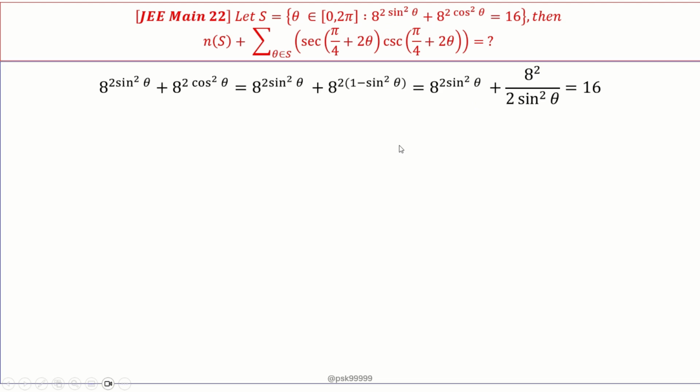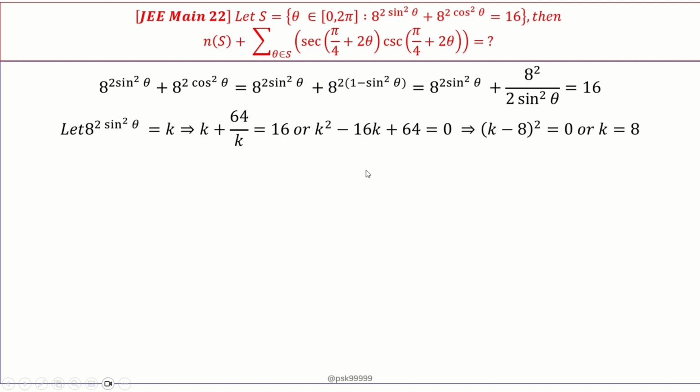So let's take 8 to the power of 2 sin square theta plus 8 to the power of 2 cos square theta equal to 16. I want to first convert into either sin or cos so that it's easy for me. So 2 cos square theta I'm converting as 2 into 1 minus sin square theta. I can rewrite this as 8 to the power of 2 sin square theta plus 8 square by 8 to the power of 2 sin square theta, which is equal to 16, as given.